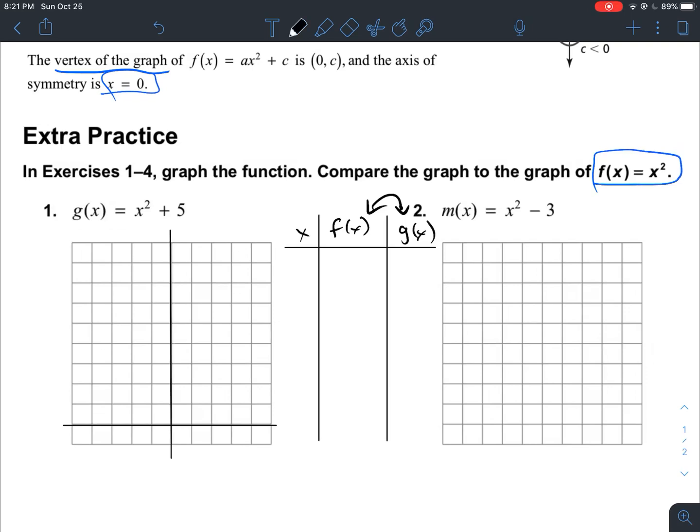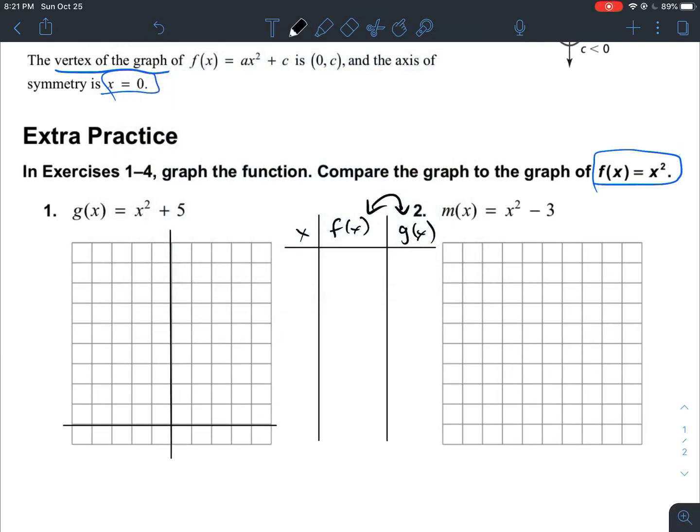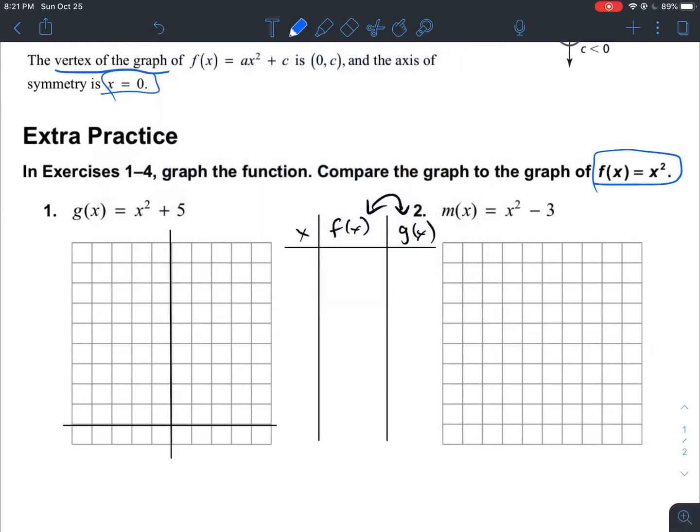I've already determined that the vertex will be along the y-axis, because x will be 0. So I know when x is 0, for the parent function, y will also be 0. Let me color coordinate this a little better. I'll do 0, and then I'll figure this out for inputs -1, 1, 2, 3, -2, -3.